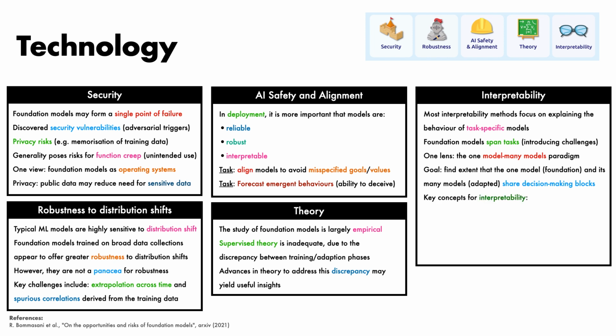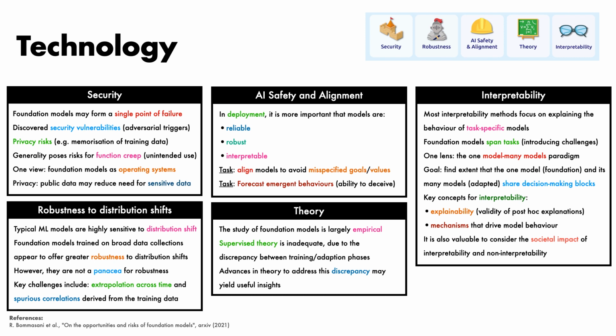Some of the key concepts that merit discussion in the context of interpretability for foundation models are explainability, the validity of post hoc explanations, and the mechanisms that drive model behavior, which may help to clarify whether progress in understanding the foundation model will transfer to progress in understanding their adapted derivatives. Finally, to fully understand the implications of interpretability, it is valuable to consider the societal impact of interpretability and non-interpretability.